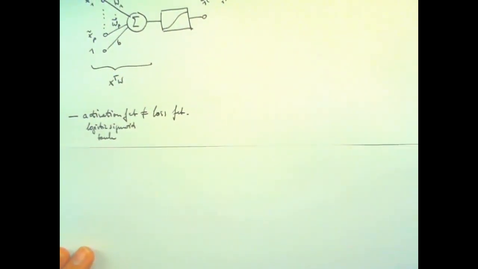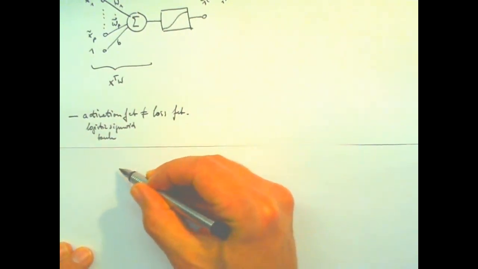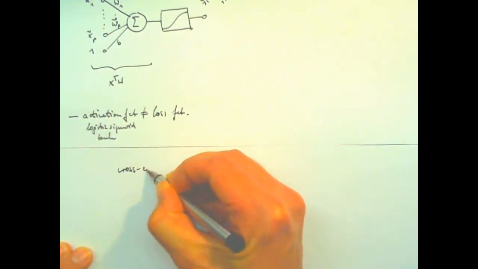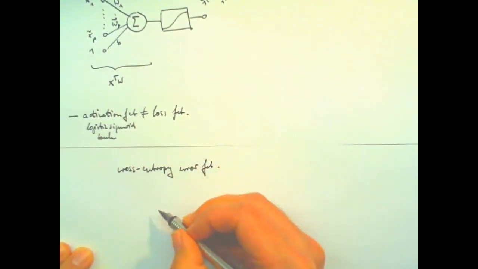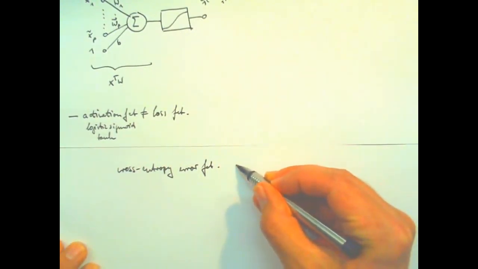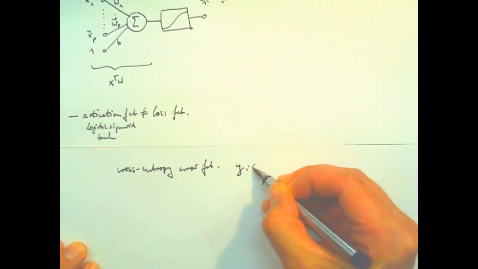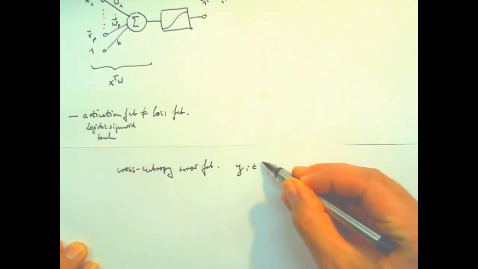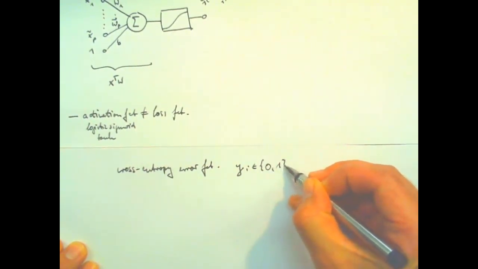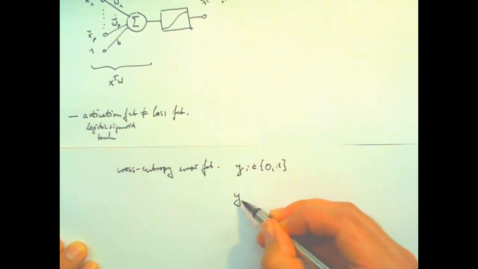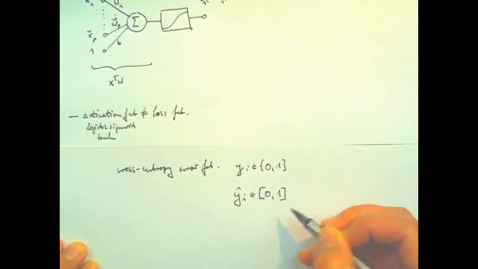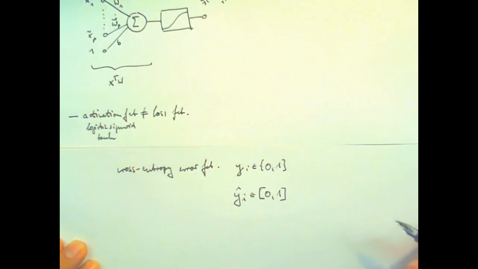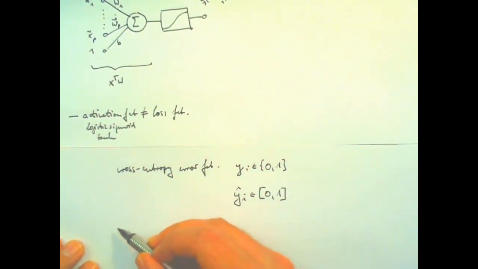So let me try and reproduce the cross entropy error function. I assume that my true labels in this case are either 0 or 1, and I assume that my predictions are from the interval 0 to 1, and it is derived from the log likelihood.